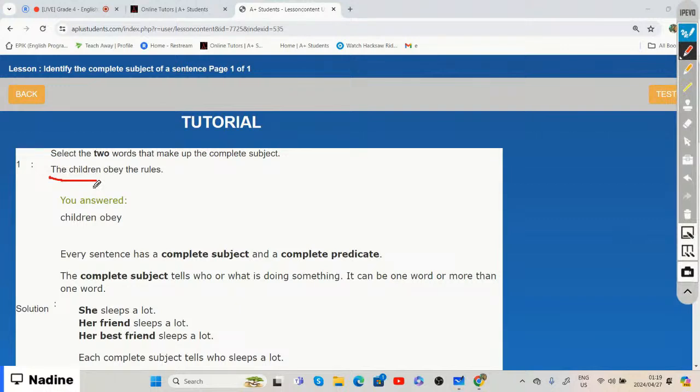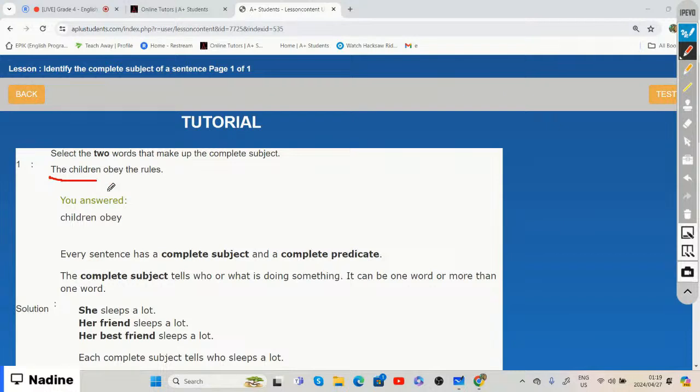They obey the rules. So we said the children is the subject within that sentence, the children obey the rules.